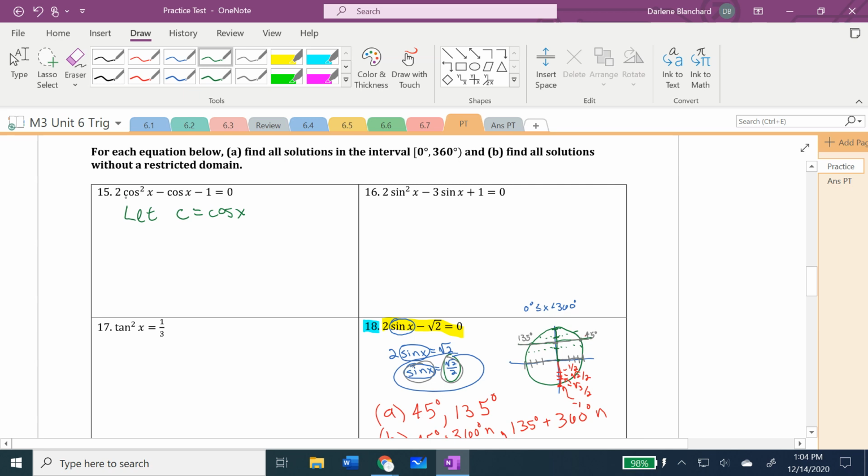That means that this will be cosine squared multiplied by 2, so I'm going to write it as 2c squared, minus cosine, I'm just going to write c, and then minus 1.